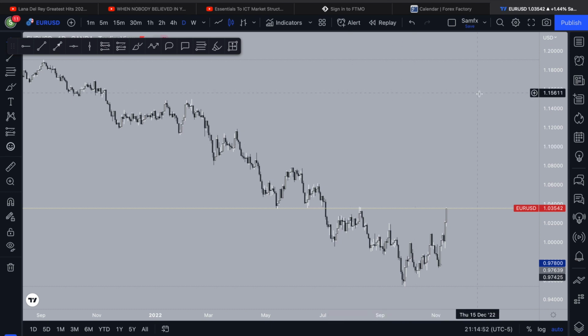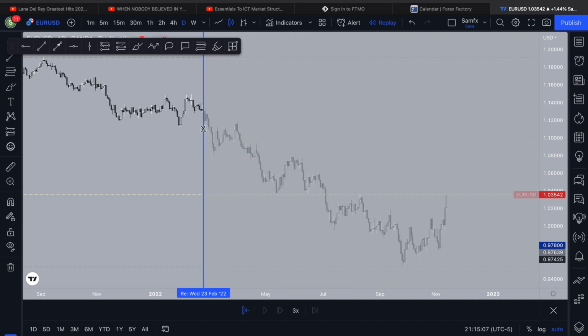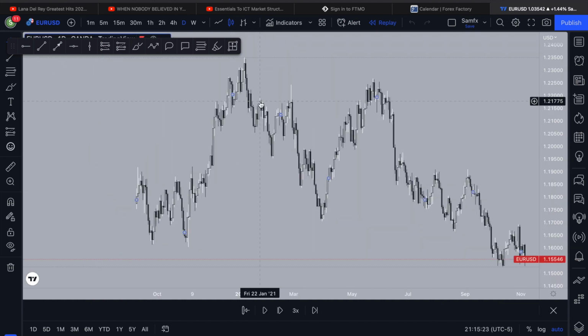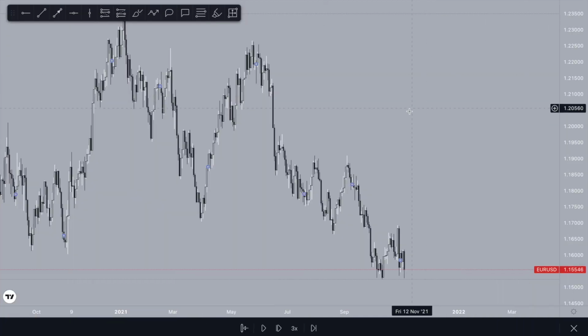With this, I'm just gonna use the replay tool so I would be able to show you how I frame. Since it's currently November, I'm gonna go for November of last year. There we go. Let me just put this on a full view mode.